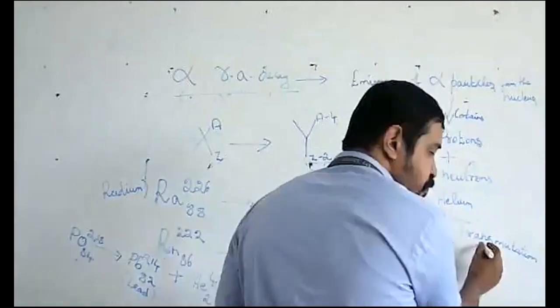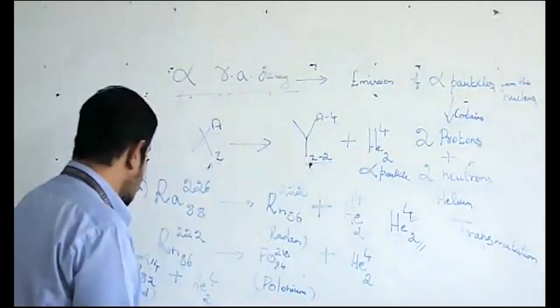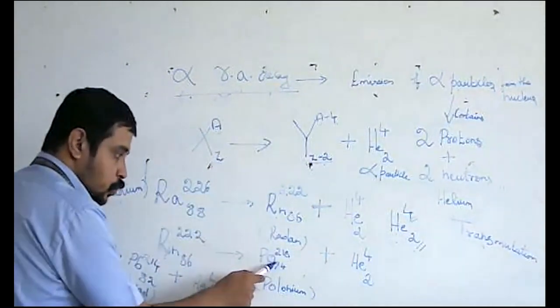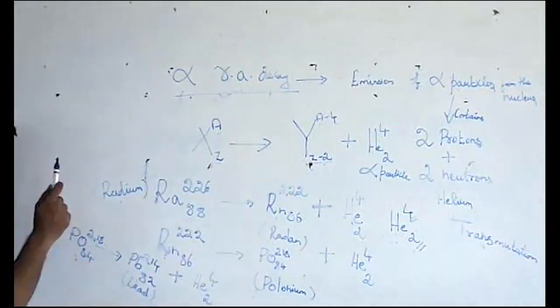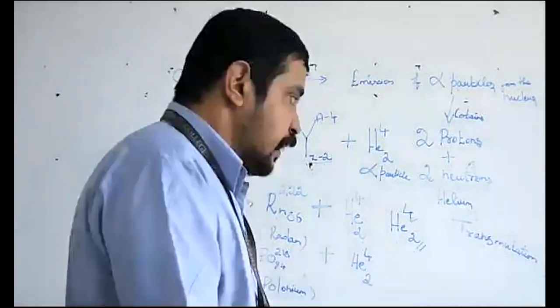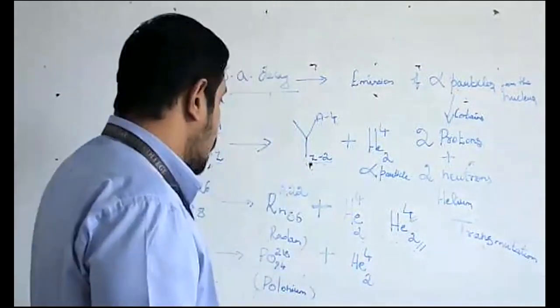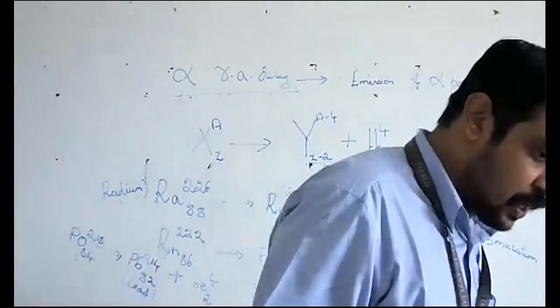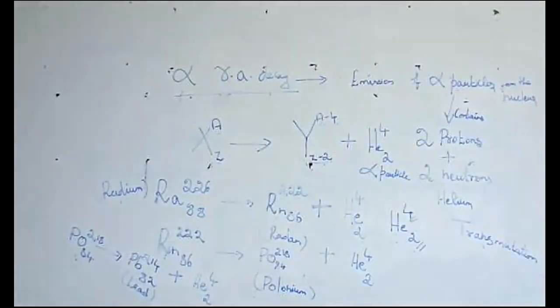Okay, so this is also an example of transmutation. Why? Because radium is converted to radon, radon is converted to polonium, polonium is converted to lead. So since initially we have one element, and after alpha radioactive decay we have another element, we call the process transmutation.